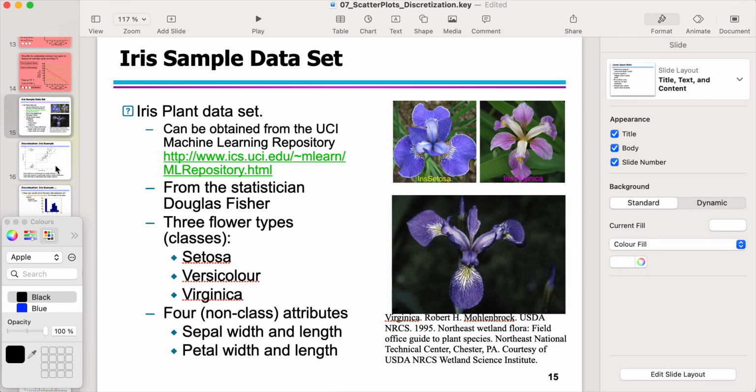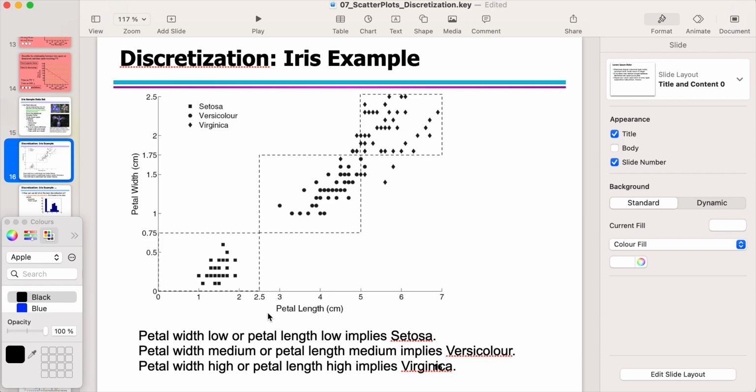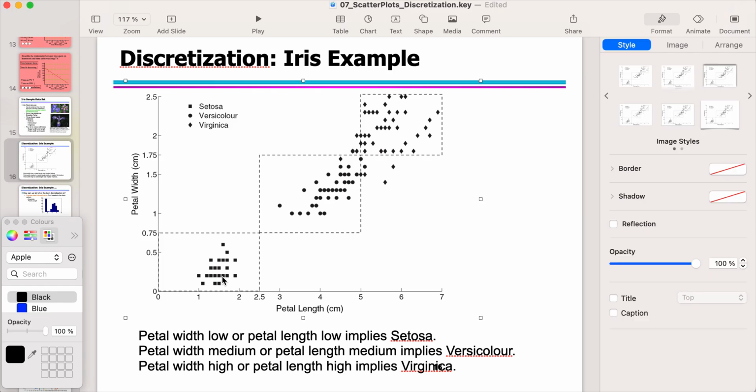So what do we want to see here? If we are to create a scatter plot for these flowers, there are 3 classes of them actually. There is setosa, virginica, and versicolor. If we are to plot them based on the size of their petals, their width and their length, we can clearly see here they are 3 groups of flowers.